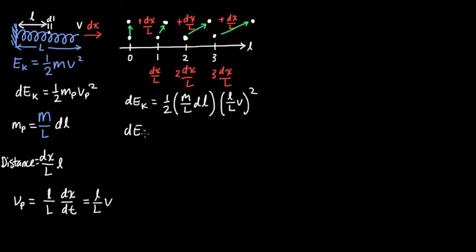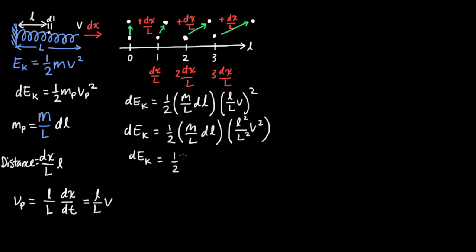And this is equal to half m over L dl times l over capital L squared v squared. dE sub k equals half mv squared over L cubed l squared dl. So that's the kinetic energy of a point.